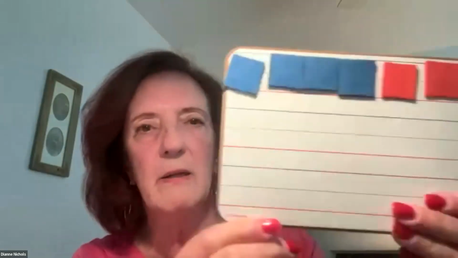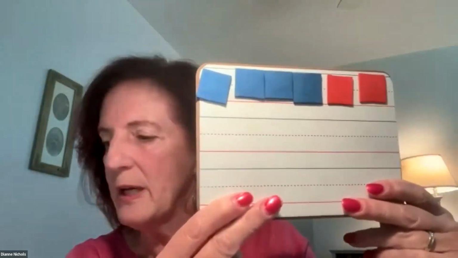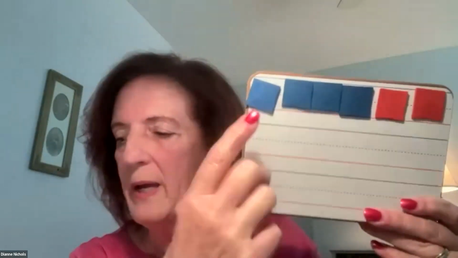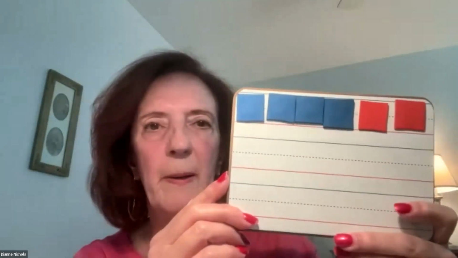I use this little double-sided magnetic whiteboard, and these are available from Lakeshore Learning for somewhere between $5 to $10. And I've just cut 1-inch squares of craft foam and made them into magnets by cutting a little piece from a roll of adhesive magnetic tape, also from a craft store.